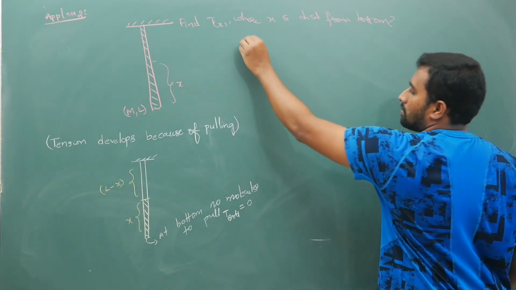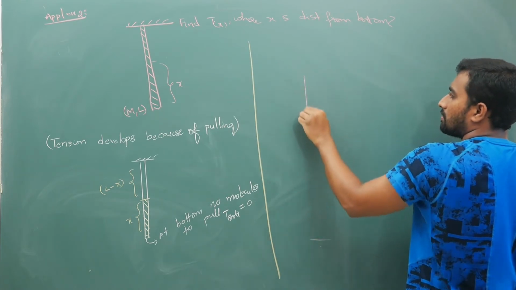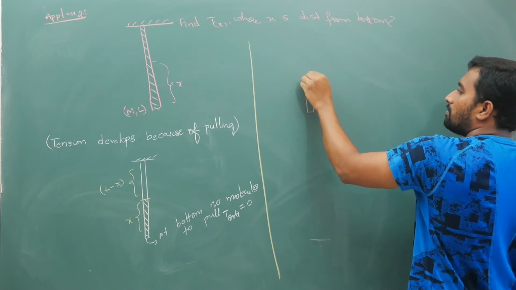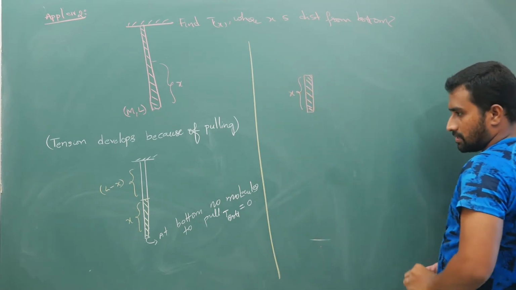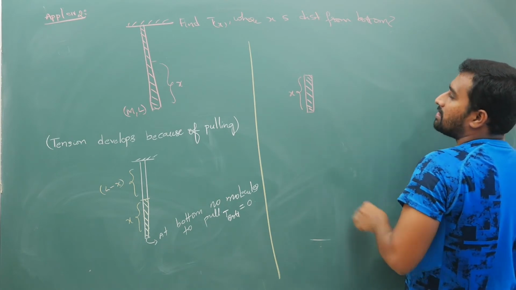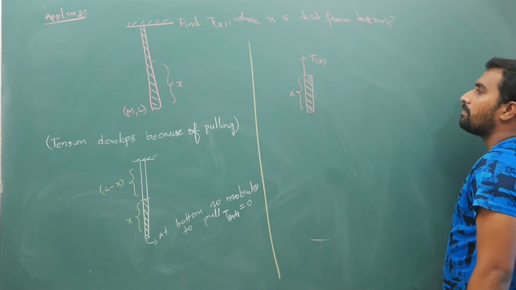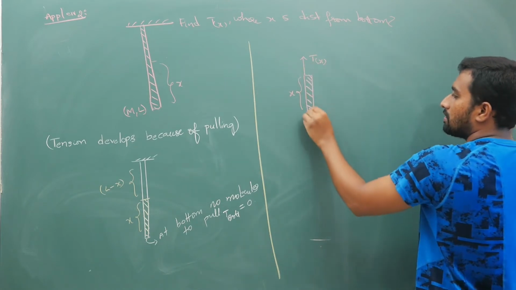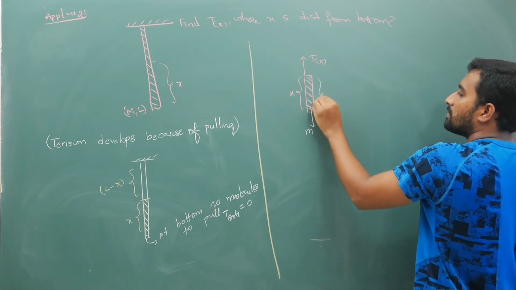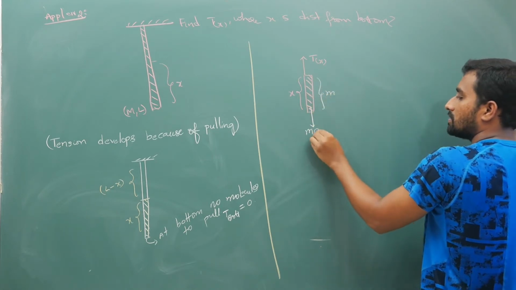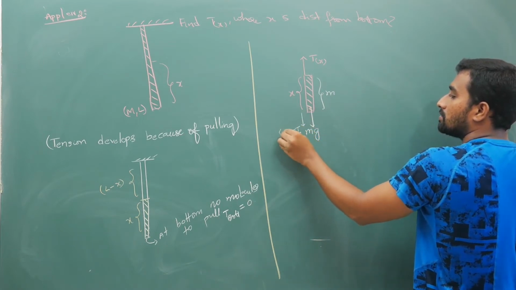So now if I take the bottom part, this bottom part is having a distance of x. Tension as a function of x, T of x, will be upwards because the top will pull upwards. Tension at the bottom is 0, gravitational force because of this mass is mg.